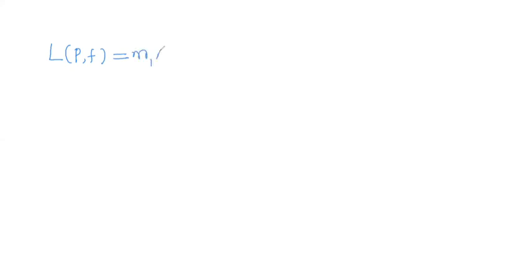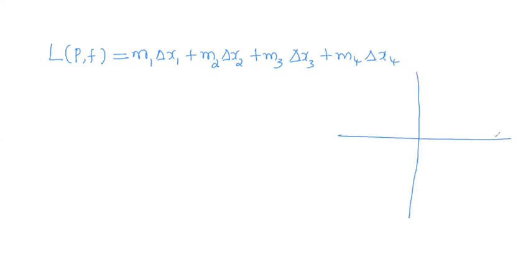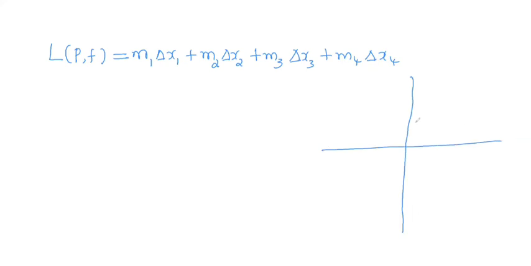It is m1 into delta x1, plus m2 into delta x2, plus m3 into delta x3, plus m4 into delta x4, right? So I'll just consider the graph. From 0 to 1, the function is like this.